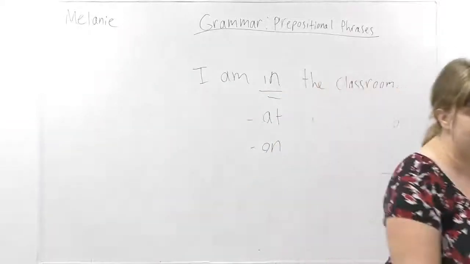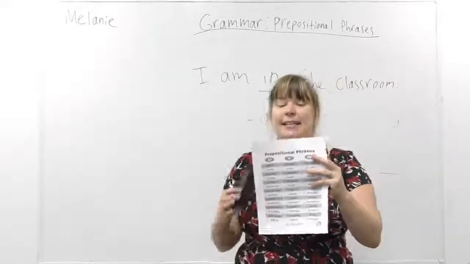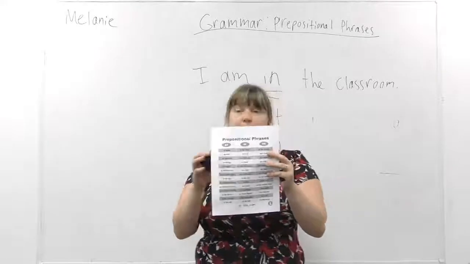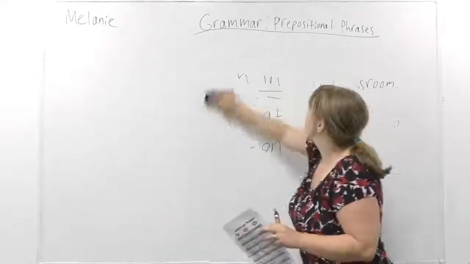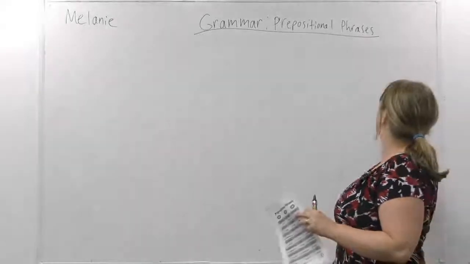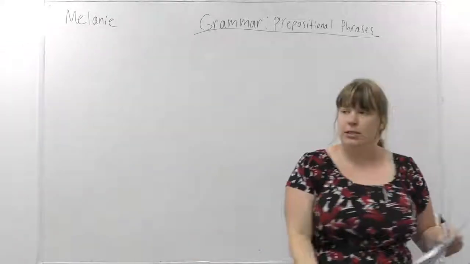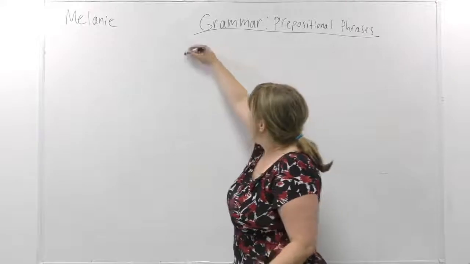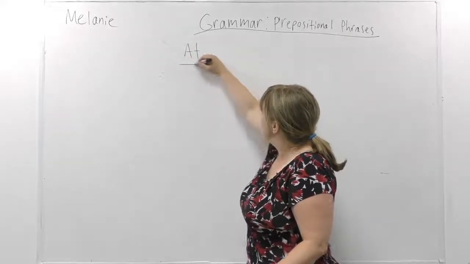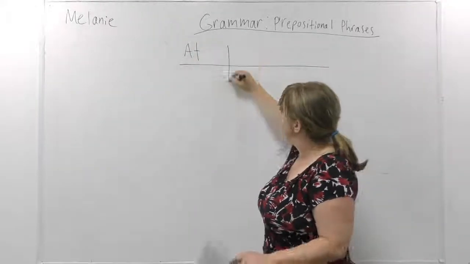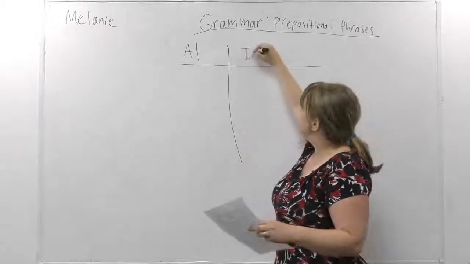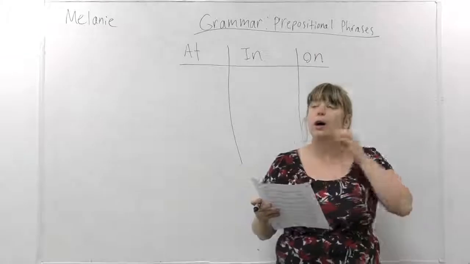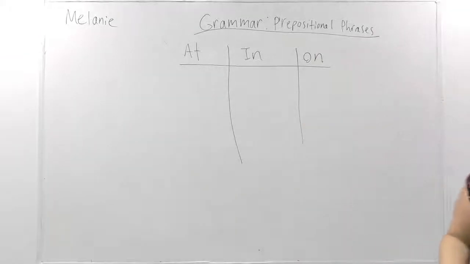All right, so here you can see we got a handy dandy little table. So please bring out this sheet because it'll be quite helpful. Okay, so we have at, and we have in, and we have on.